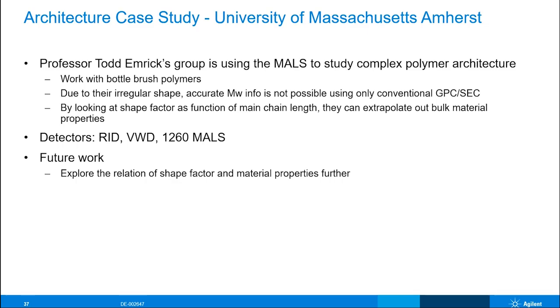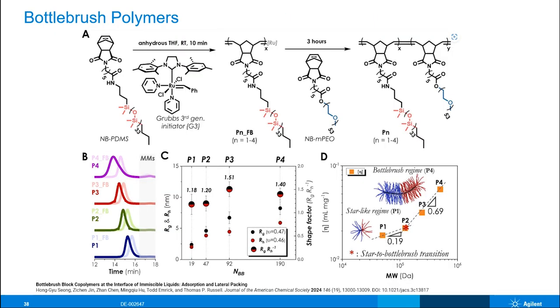As we start increasing, as you'll see on the x-axis of NBB, to 47 of these bottle brush units, we see, again, a shape factor of 1.20, still in that ideal coil space. It's when we take a look at this third point, with 92 repeat units, that we have a shape factor of 1.51, which indicates that this material is beginning to act really quite like a rigid rod.